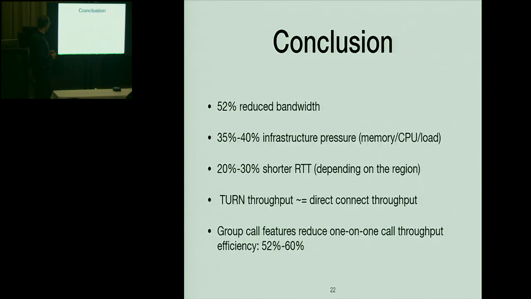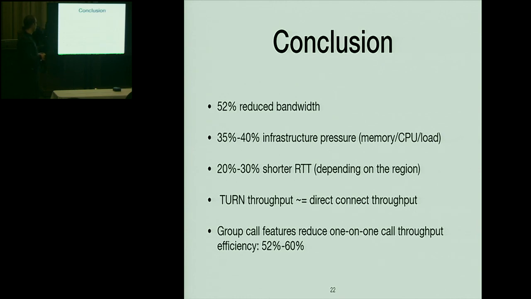So the conclusion: by introducing this dynamic switching mode, we have reduced our bandwidth usage by 52%. The infrastructure pressure has been reduced by 35 to 40%, so less memory, less CPU, less load.